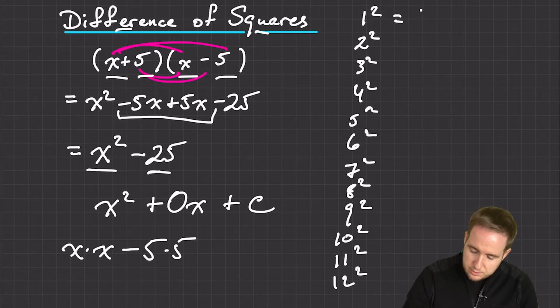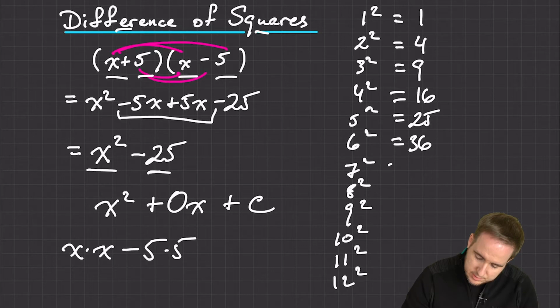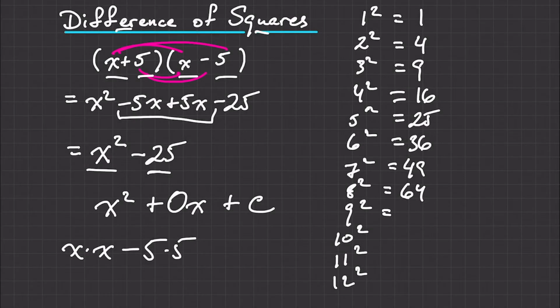Okay, so this is 1, this is 4, 9, 16, 25, 36, 49, 64, 81, 100, 121, 144.